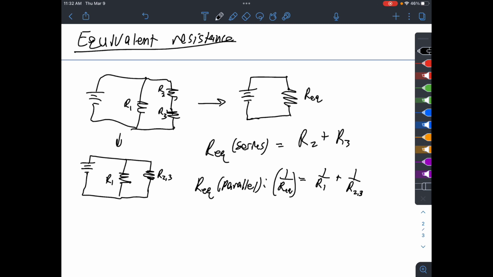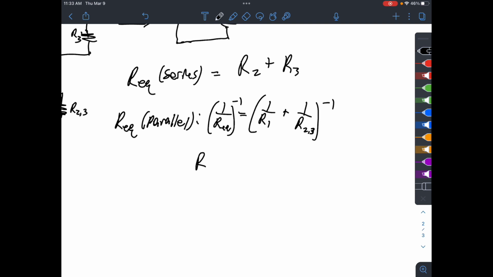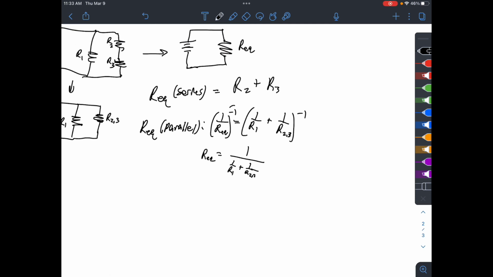Just to finish this off, the way you would solve for REQ, which gets you the equivalent resistance for a parallel circuit, is equal to 1 over R1 plus 1 over R2,3, all raised to the negative 1 power. This is the inverse, it just flips your fraction.